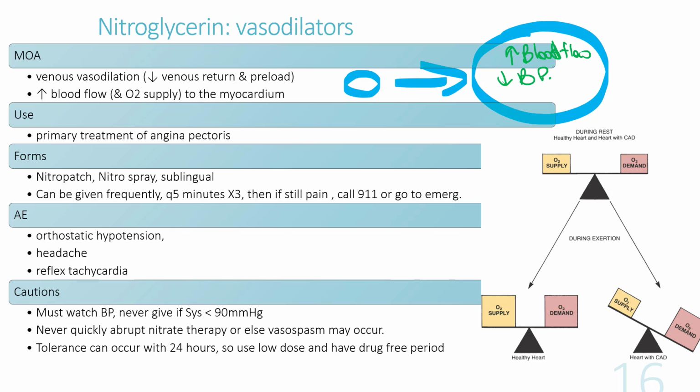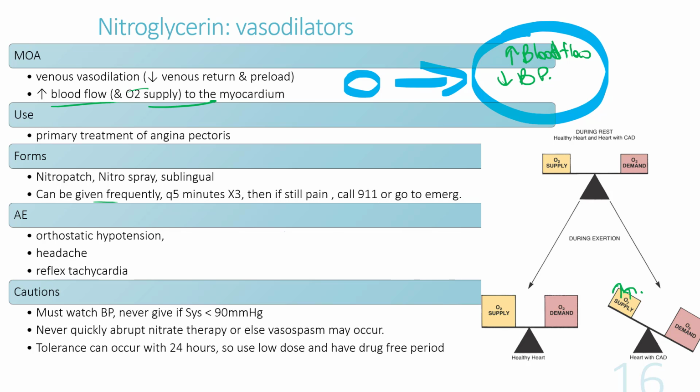So you have more blood flow and oxygen supply to the myocardium, so the oxygen supply is greater. It's a primary treatment of angina pectoris because it can get to the cardiovascular circulation quickly, right? So it can be given frequently, 3 times 5 minutes apart, and then if still in pain, call 911 or go to emergency.